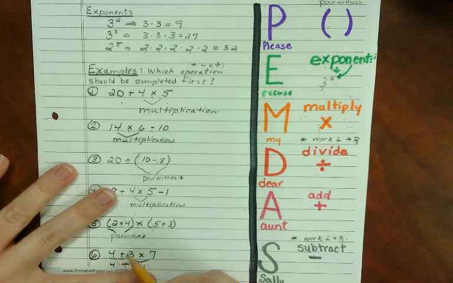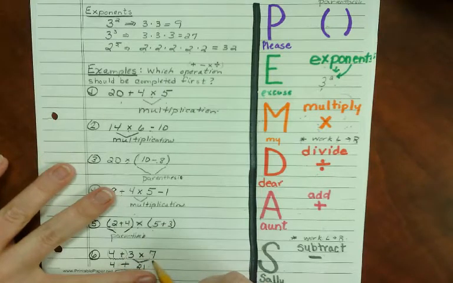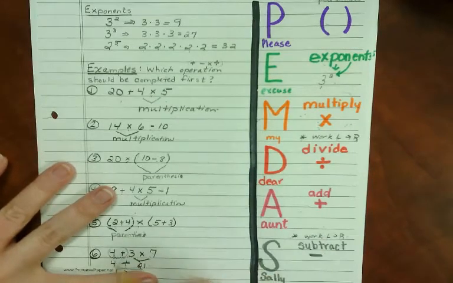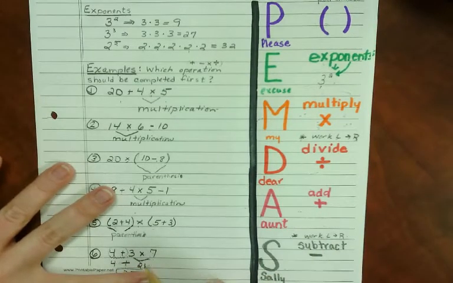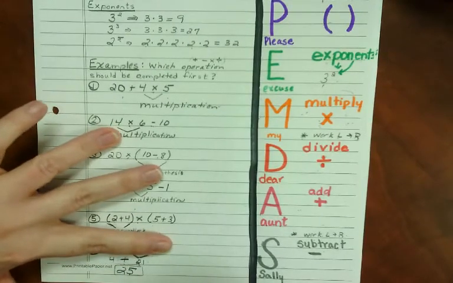And this part of the problem that we did not use, we just bring it down. The 3 and the 7 go away. We used those, we turned those into 21. Those are gone. Once we write down the 4 plus the 21, we are ignoring the line above it.